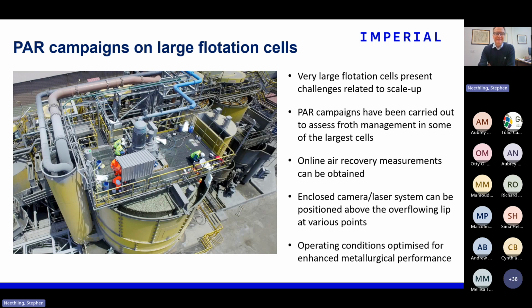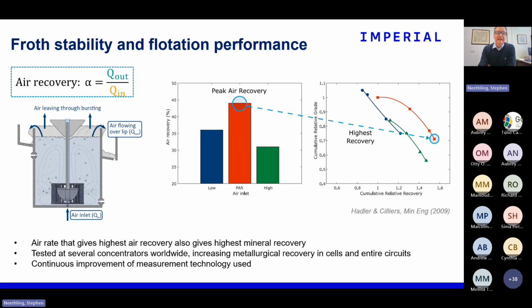Well, I say we, people in the group; I tend not to be involved in these studies at the moment. I tend to just get the data afterwards, but doing studies of air recoveries from a large range of different cells. And one of the really interesting things that was noted is that this peak in air recovery tends to correspond to a peak in performance.